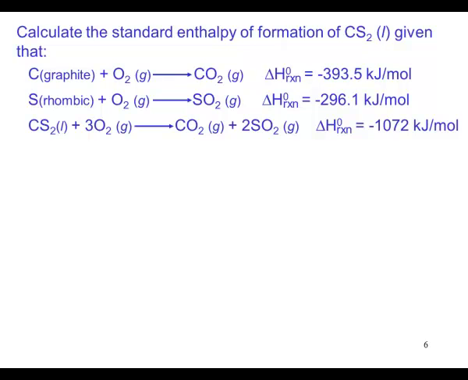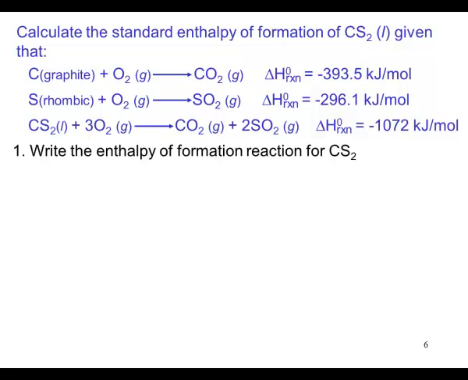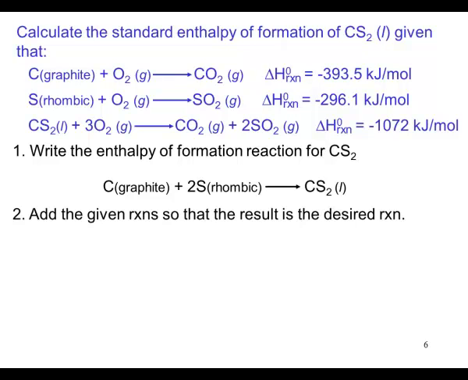Notice we are given the heats of reaction for these 3 reactions. Write the enthalpy of formation of carbon disulfide. We do that by starting with carbon graphite reacts with 2 moles of sulfur to form carbon disulfide, CS2.